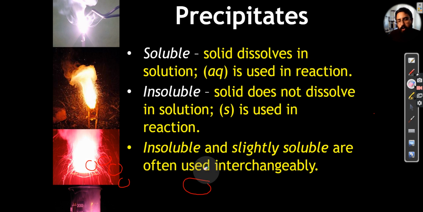All right. So precipitates, or solids in general, can be said to be soluble if they fully dissolve in water and they're aqueous, or insoluble if it becomes a solid. But things aren't just black and white. Things can somewhat dissolve, so they're slightly soluble or slightly insoluble.